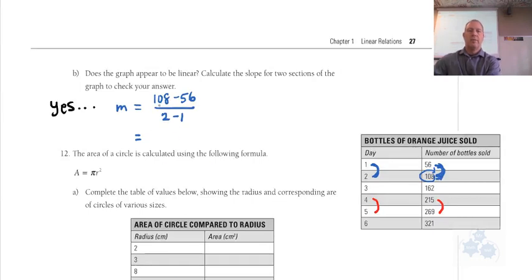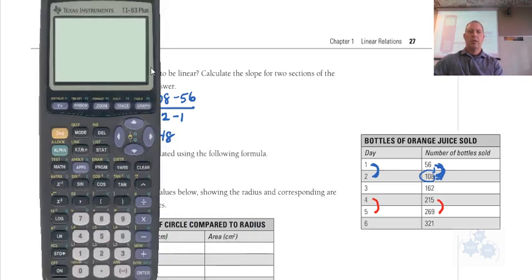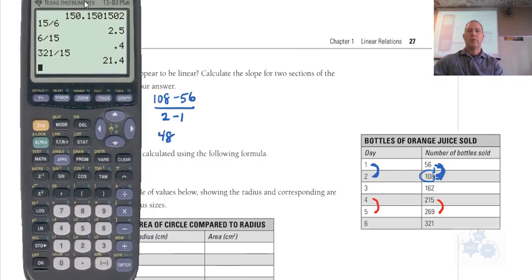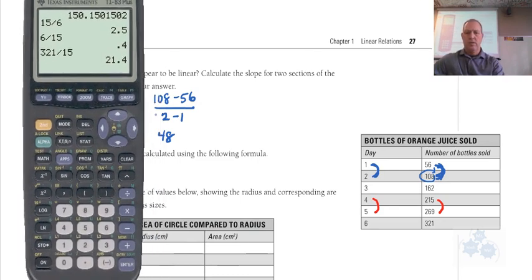And what is that? 108 minus 56 is what? 48? So what is it? 48 over 1, right? Oh yeah, wait.